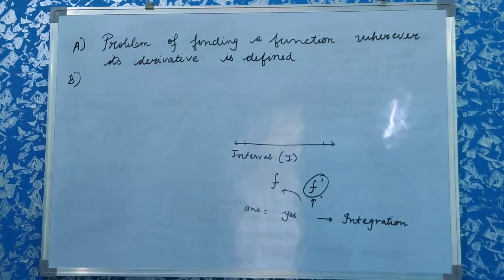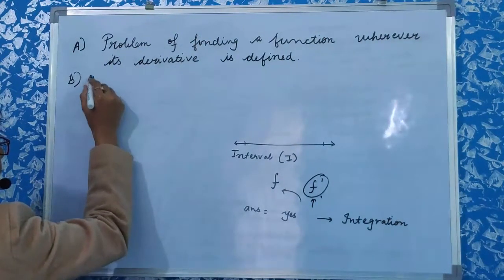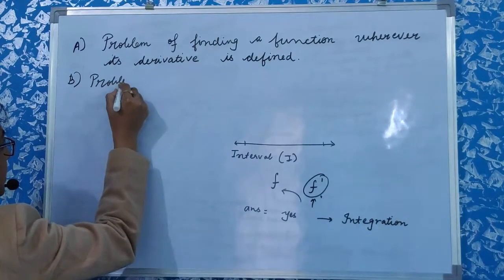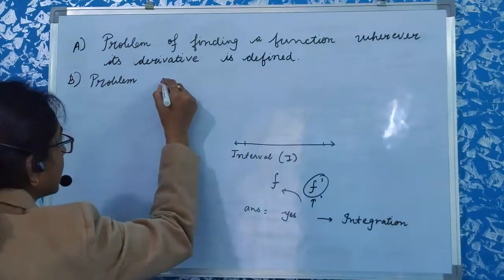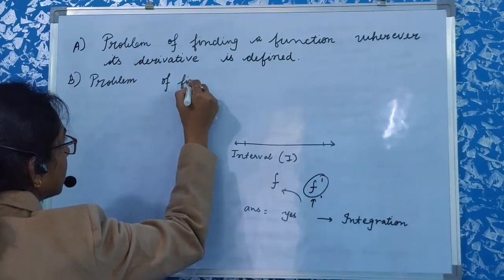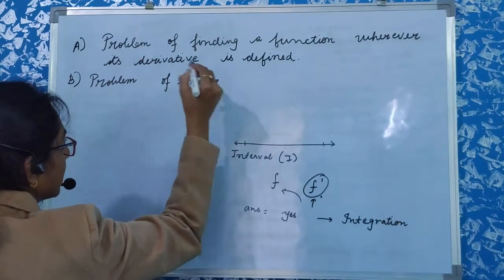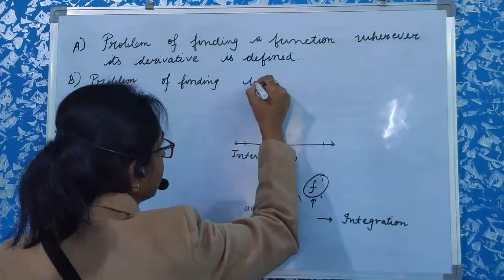And what is the second problem? The second problem is the problem of finding the area bounded by a region of a function.